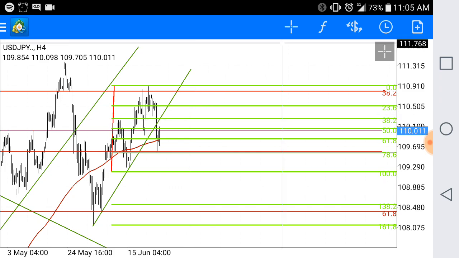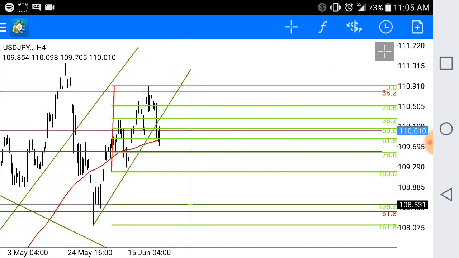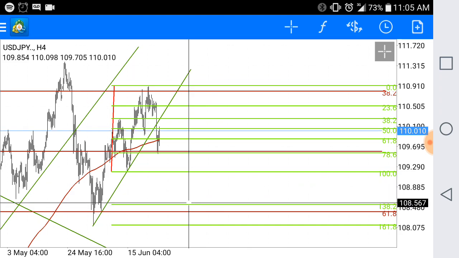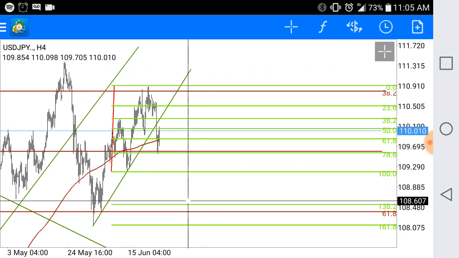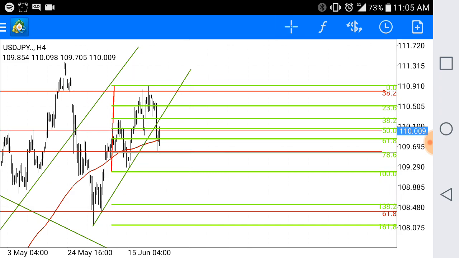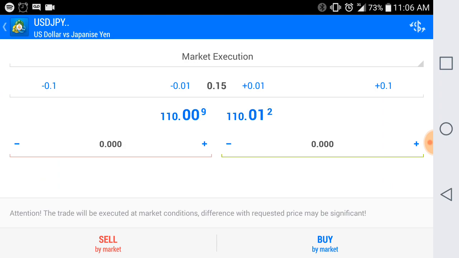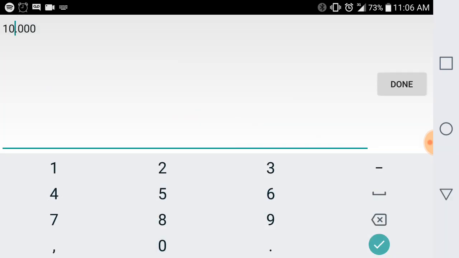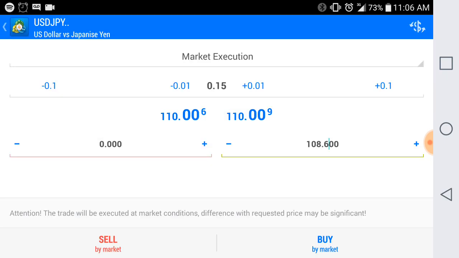110.2 is where I want to set it. 110.2 with take profit at 108.6. I'm going to go 108.6. So take profit 108.6.